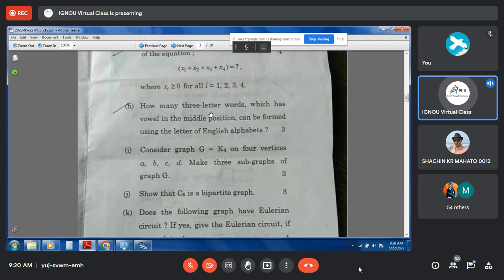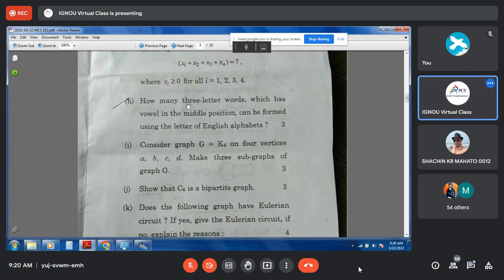The difference here is that he fixed the middle letter. Again, there are three-letter words: first, second, third. For the middle letter, he wants only a vowel. But see, there is nothing written about whether alphabets are repeated or not repeated.